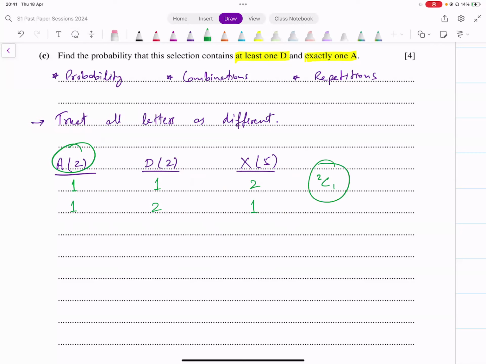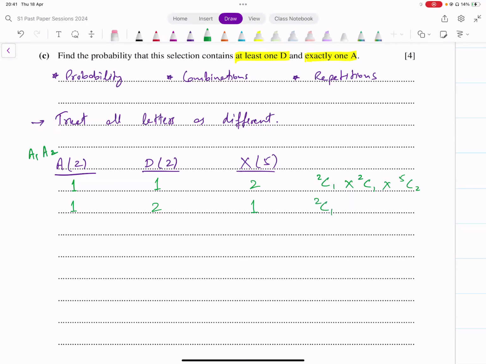We won't do 2C1 in general when we're looking for number of selections. But here, since we are treating all letters as different, we are saying one is A1 and the other is A2. We are selecting 1 out of those 2 A's. So it becomes 2C1. And then 1 out of the 2 D's, that's 2C1. And then 2 out of the remaining 5 letters, that's 5C2.